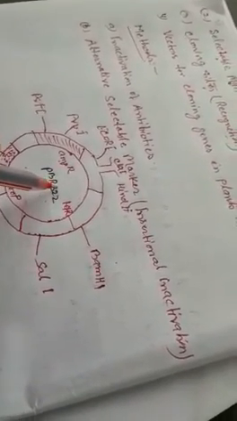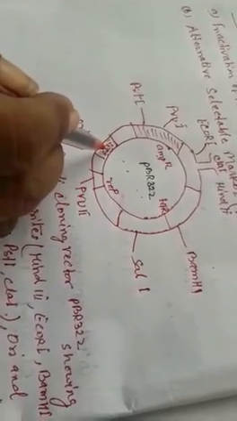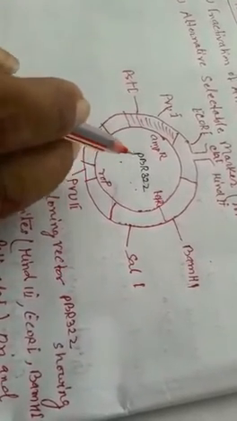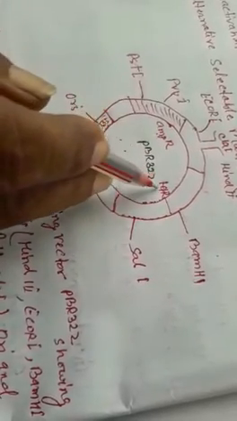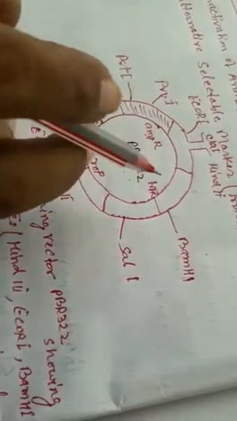So ligation of alien DNA can be carried out at a restriction site present in one of the two antibiotic resistance genes. So these are the antibiotic resistance genes.